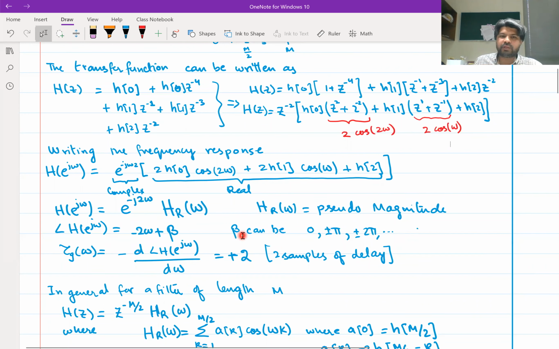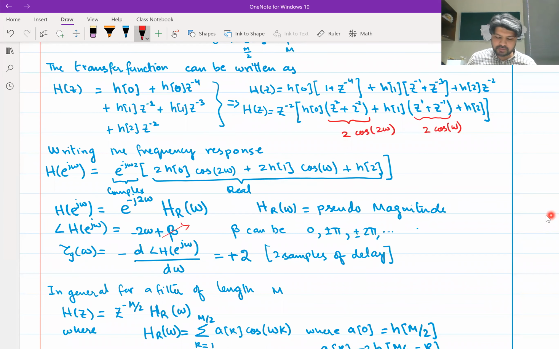That would be because whenever your h of e to the power j omega changes sign, there would be a jump of pi, और जहाँ माइनस पाई की जंप आती है, but if you take the derivative of minus the derivative of this phase, that gives you the group delay. Group delay में बीटा का कोई रोल नहीं है, ठीक है? This goes away. So the group delay here is 2 samples.